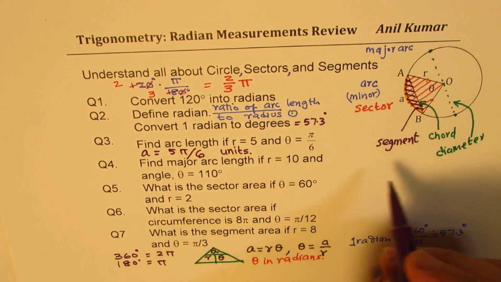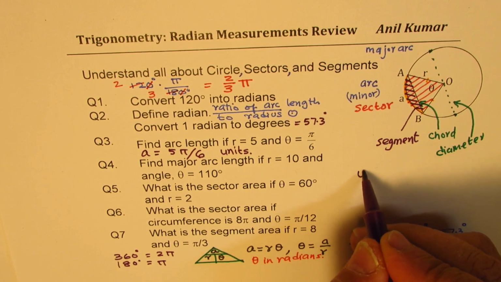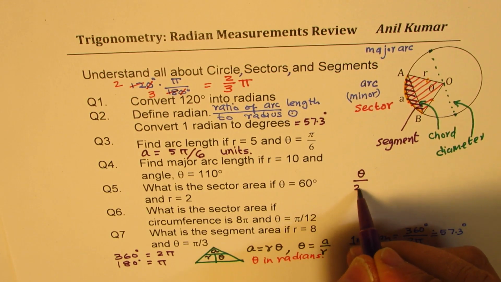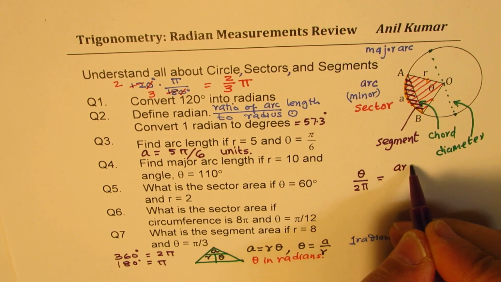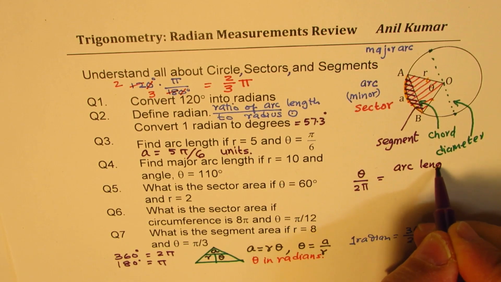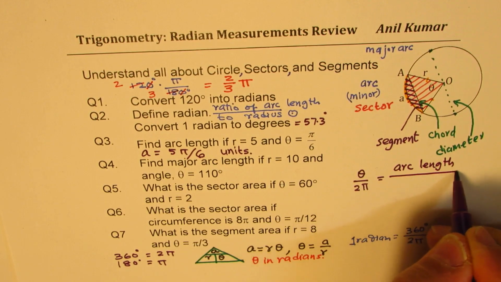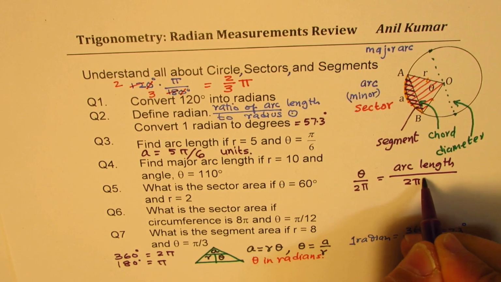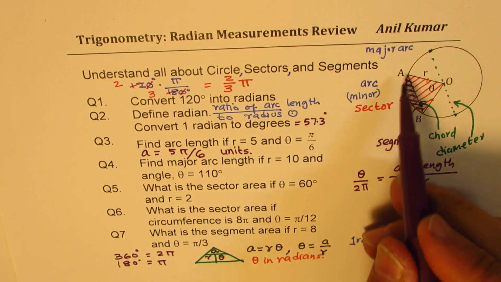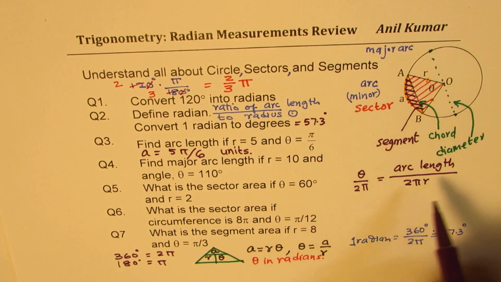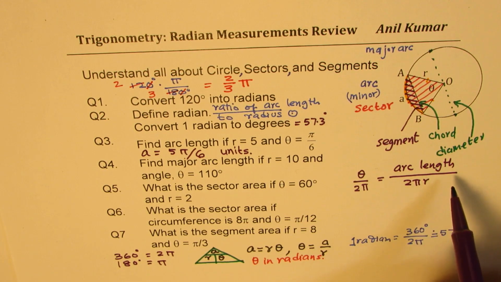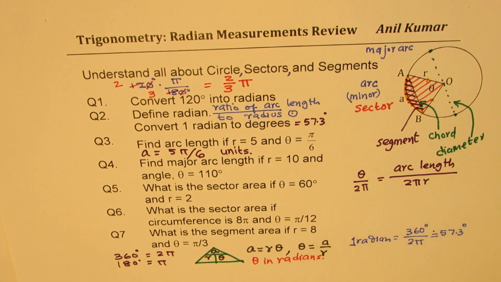Let me define here, theta by 2 pi is equal to arc length by 2 pi r, since 2 pi r is the whole circumference, the periphery of the circle. So that is the relation which relates arc length with the radius, right?